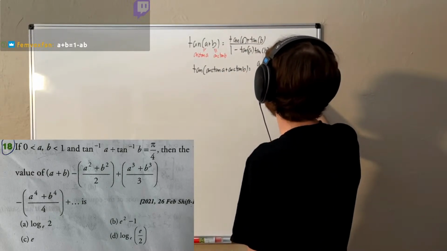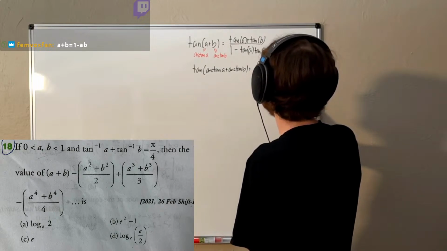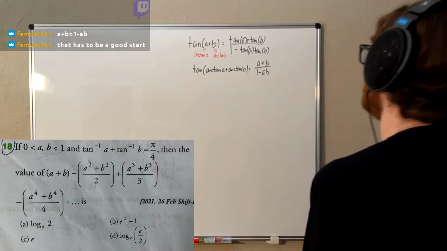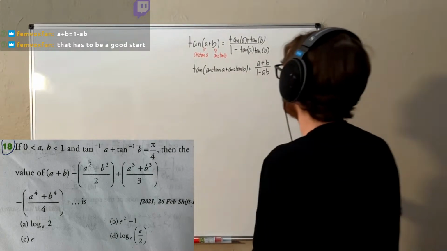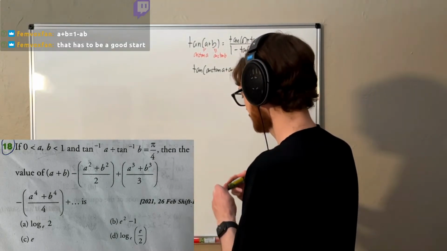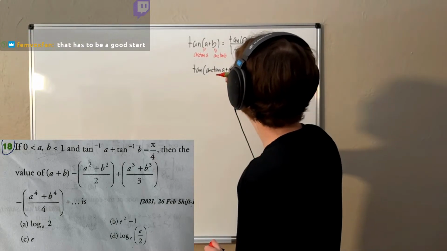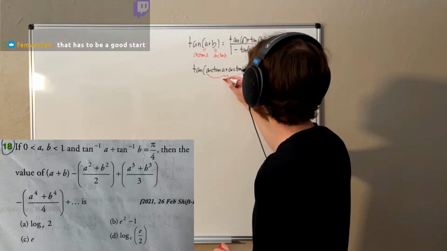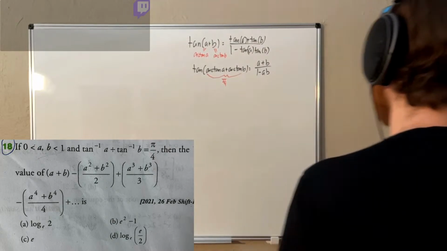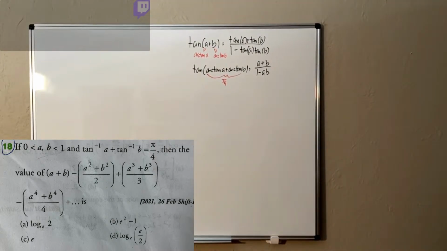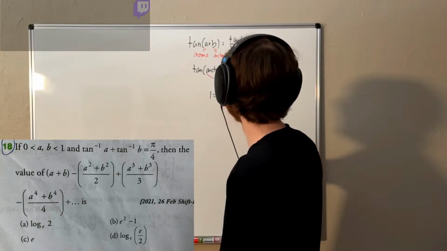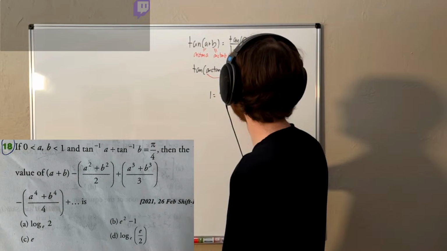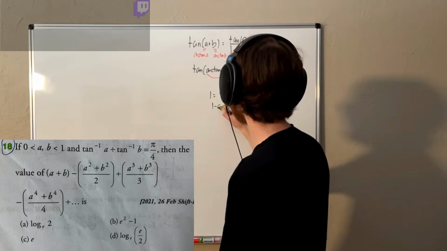So you get just A plus B over 1 minus AB. And we take the thing from the initial part: arctan A plus arctan B is pi over 4. Tangent of pi over 4 is 1. We multiply 1 minus AB over.